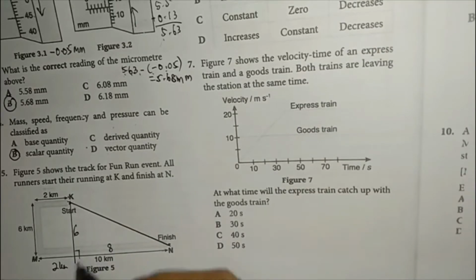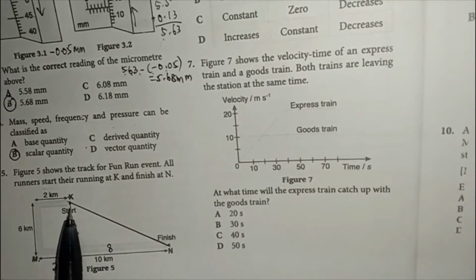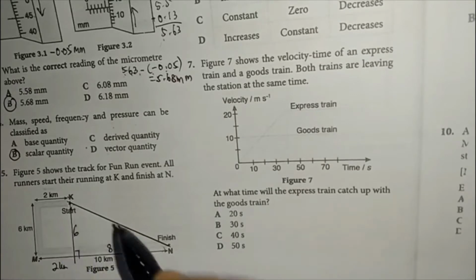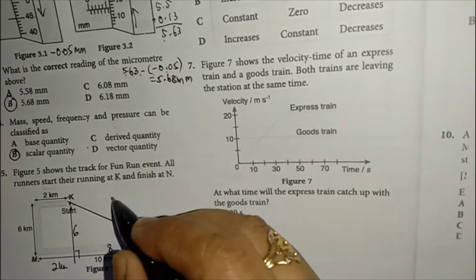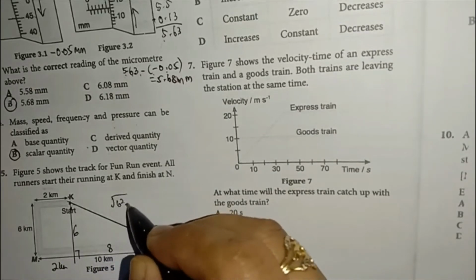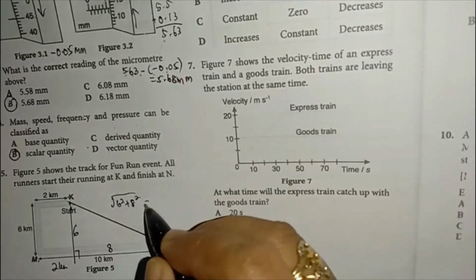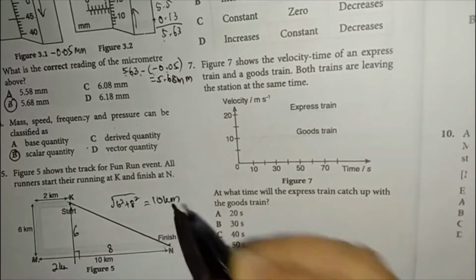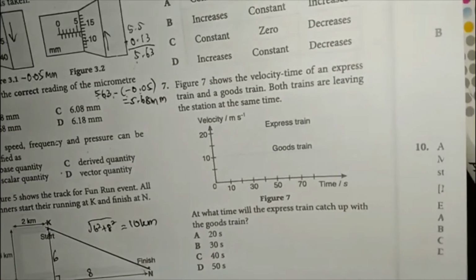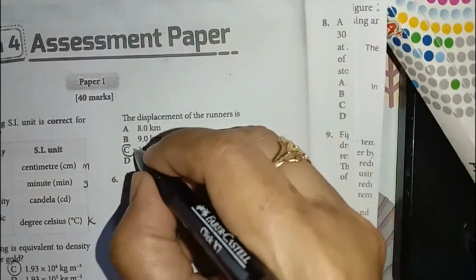Okay, so this is a right-angled triangle. So use Pythagoras theorem, so you can get KN. KN equals the square root of 6 squared plus 8 squared, that equals 10 kilometer. So that one will be the displacement. Okay, so you write down the answer as C.